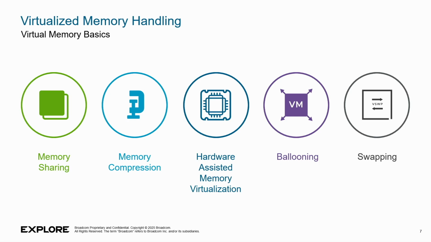Memory compression, hardware-assisted memory virtualization, and then we move on to techniques to alleviate that memory pressure that we're seeing. But once you get to ballooning and swapping, you start getting into some performance issues, right? We're trying to inflate artificially and get some memory back to the host from the guest OS. Worst case, we're doing that at the host level with swapping. And you can definitely tell when it's happening.